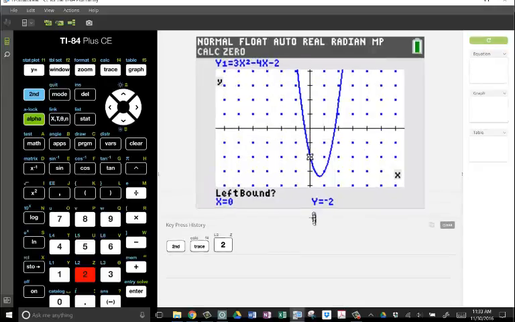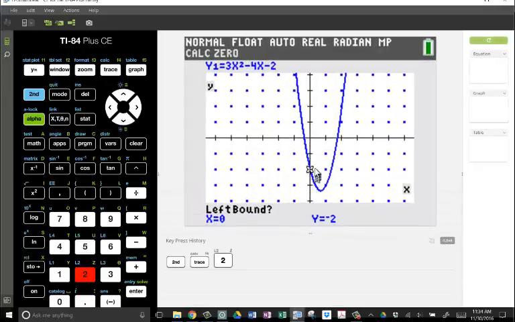And so for our left bound, we want to take our little cursor and move it along the parabola so it is left of the x-intercept. My cursor sitting right now is pointing at the x-intercept right down here, and we want this little spider, whatever you call it, to the left of it. It really doesn't matter how far left you are, so long as you are a little bit left.